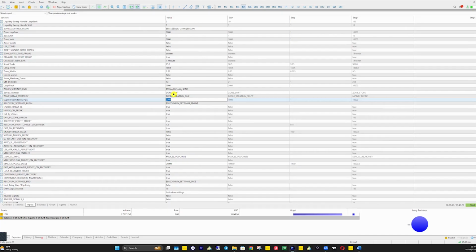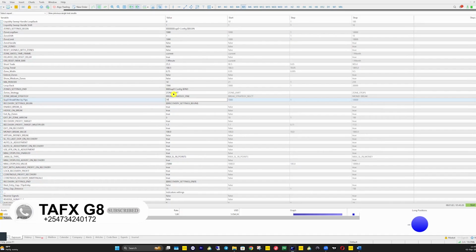So it is 2,500. If you are trading a pair, let's say, for example, you want to set your stop loss at 100 pips or maybe 50 pips, you just need to set those pips. This also depends on your broker. Some brokers use points instead of pips.